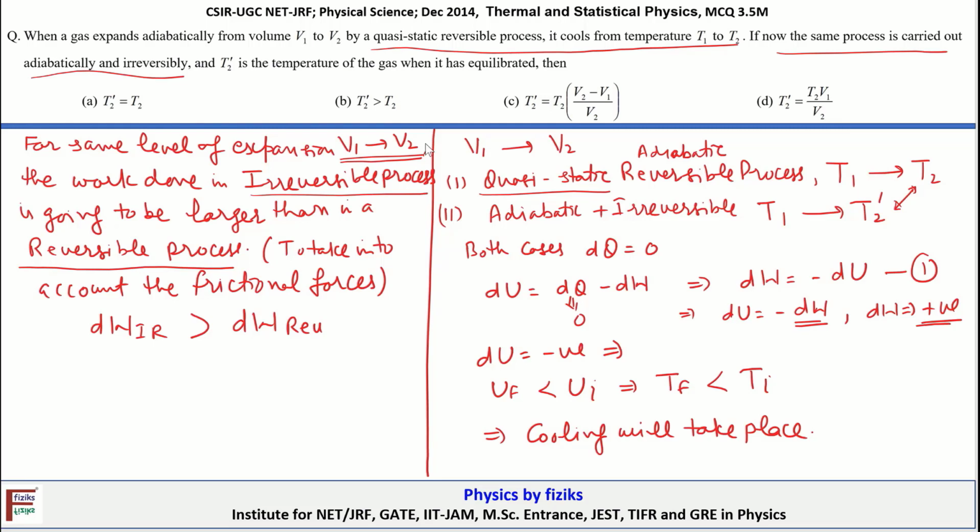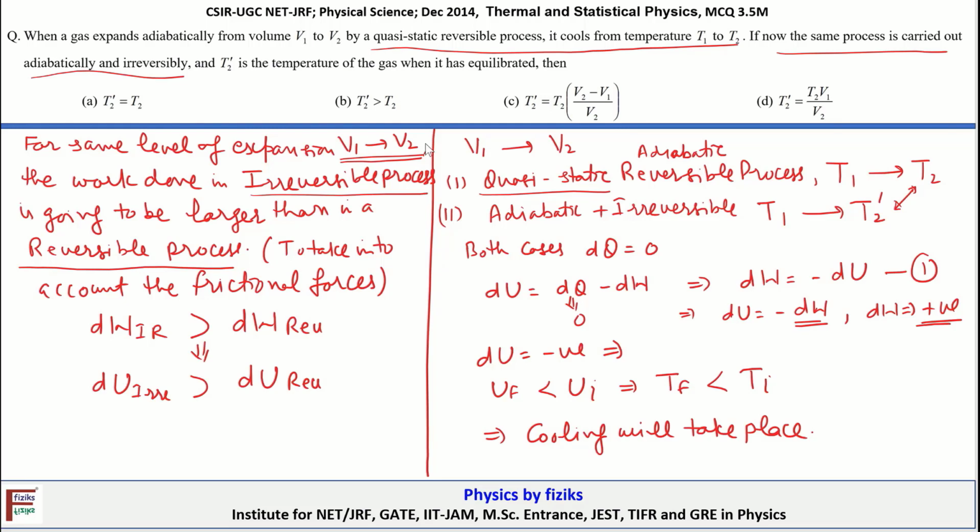Because delta W is directly connected with the change in internal energy. Here, rather than putting the sign convention, we are talking about the magnitude only. So this will imply that delta U, the internal energy change during the irreversible process, is going to be greater than delta U during the reversible process.